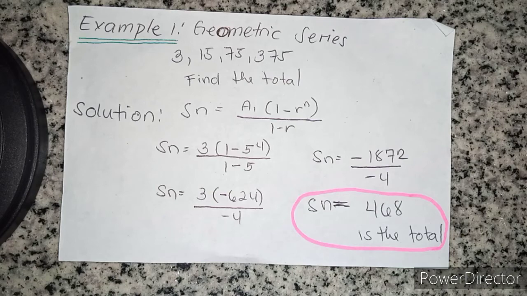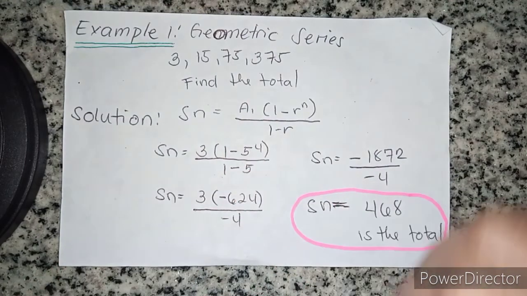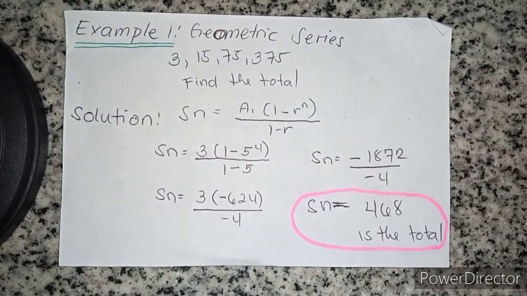The value of a sub 1 is 3, times 1 minus the common ratio. What is the number? We multiply 3 by 5 to get 15. 15 times 5 is 75. 75 times 5 is 375. So our common ratio in this sequence is 5.